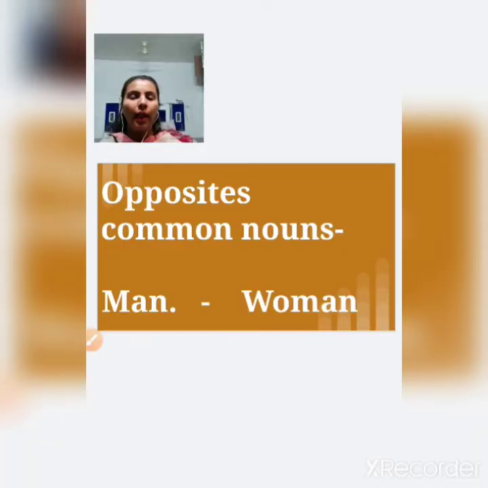So MAN, man, is a common noun. So the opposite of man is woman, WOMAN. The opposite of man is woman, and man is a common noun, and woman is also a common noun.